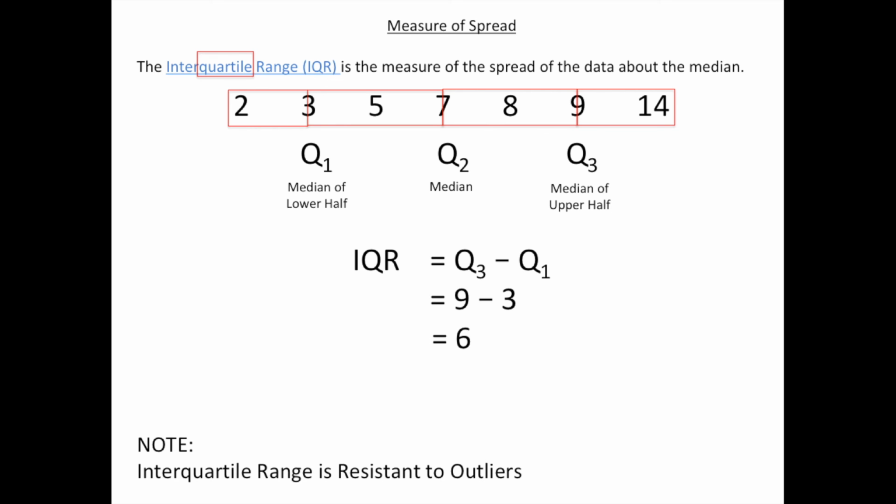Also, we've mentioned the word outliers throughout all of the previous videos, and when we discuss the IQR, you can take Q1 and subtract 1.5 times your IQR, and take Q3 and add 1.5 times your IQR, and anything that falls outside of that range is going to be an outlier. We can discuss this in more detail in our video on box plots, and that will help branch out on this idea of the interquartile range.